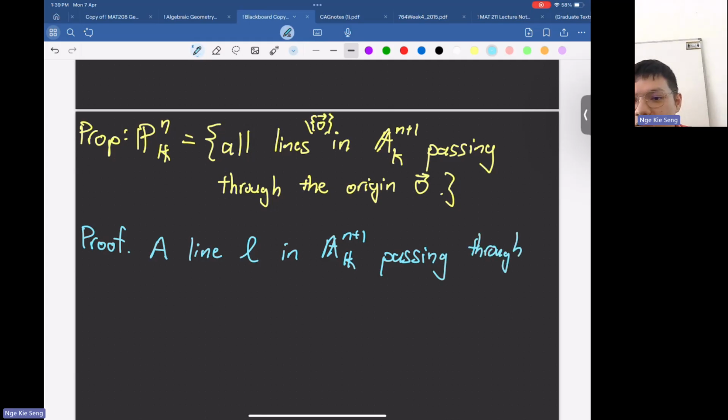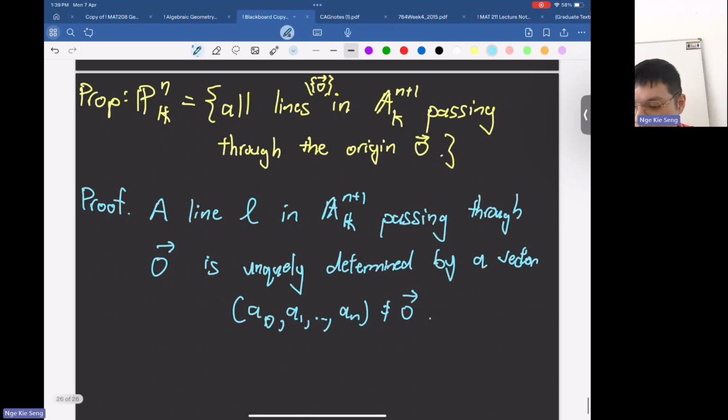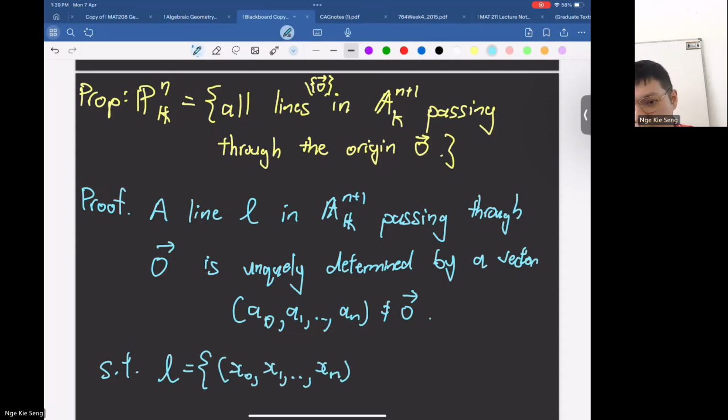You just give a point and a direction vector, so it is uniquely determined by a non-zero direction vector. Then the line is really just a multiple of this direction vector.